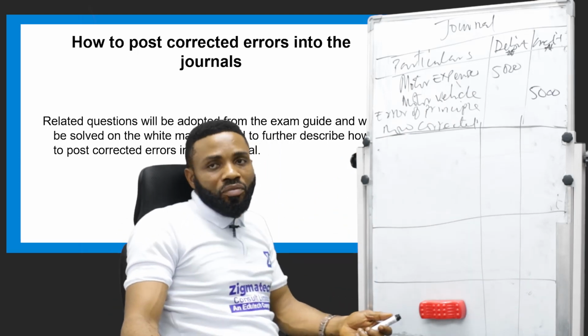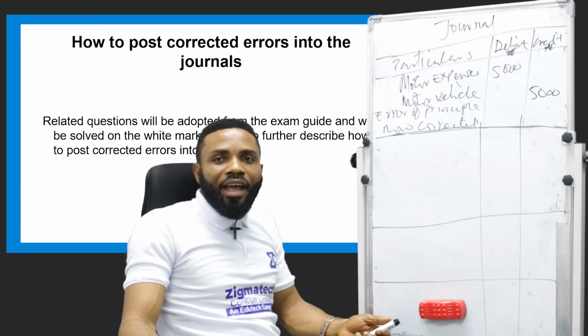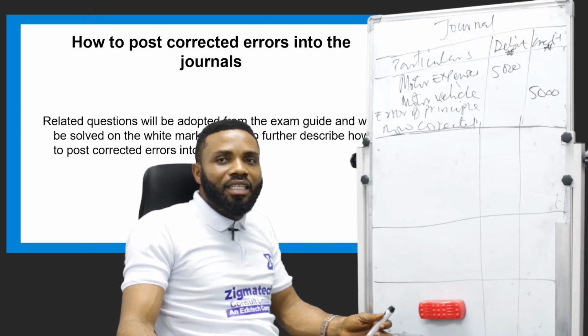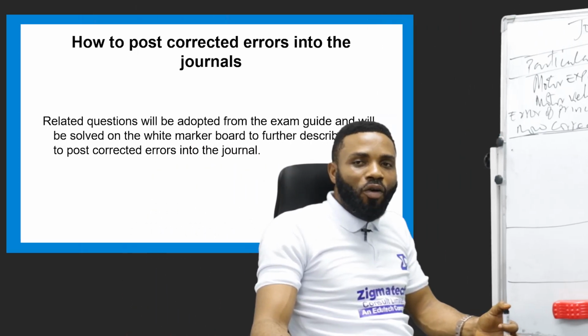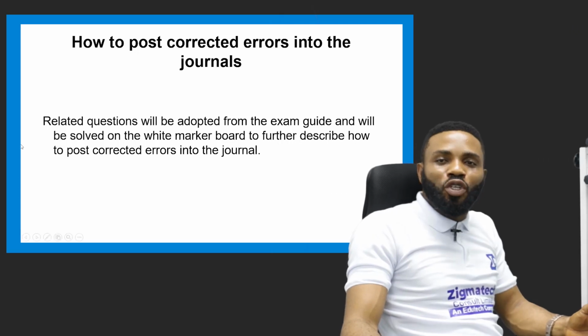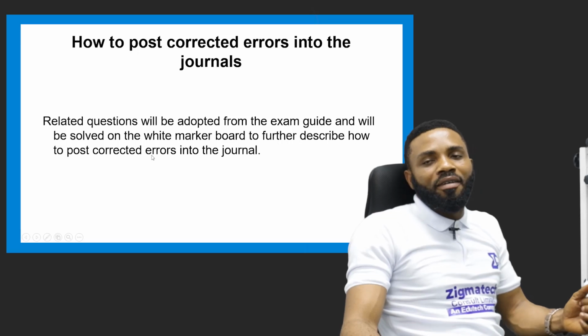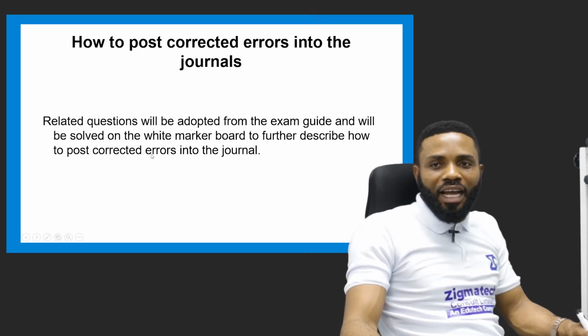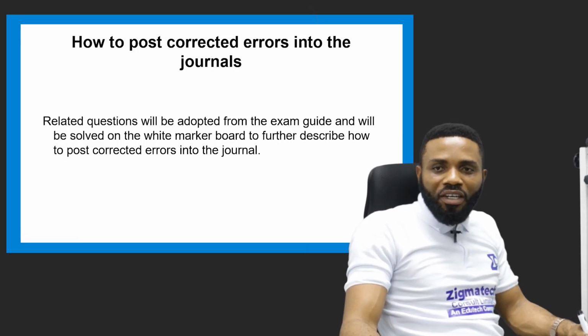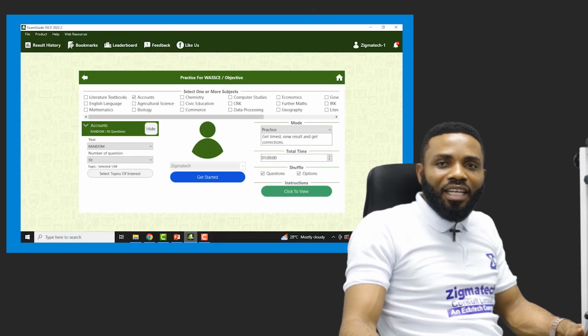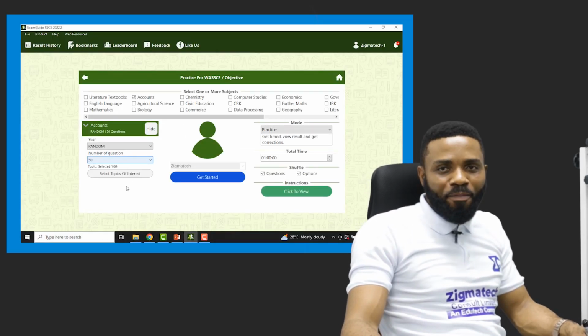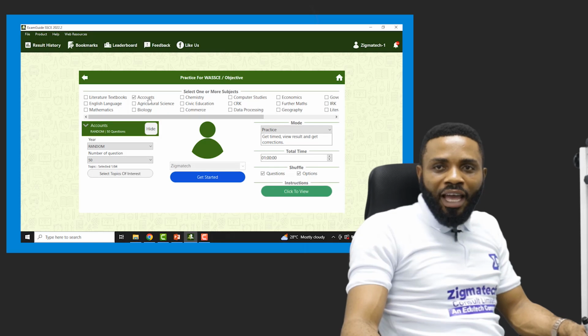All right. So far, we have looked at the correction of error as a topic, and we just want to go to our exam guide now to really find out if we can get some questions that are related to what we have done so far, so we'll be able to explain further what we are talking about.